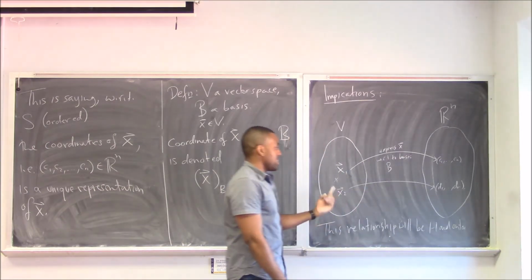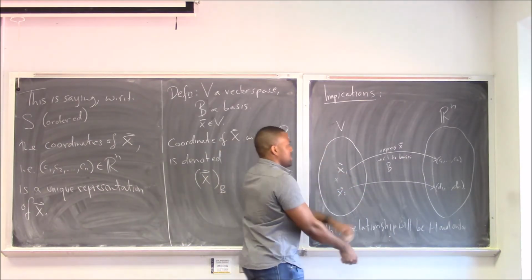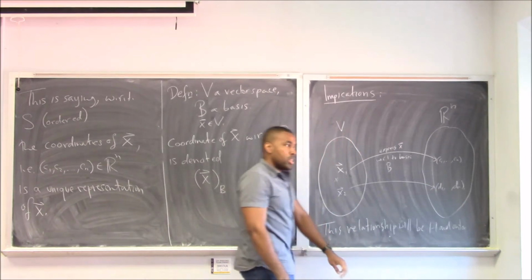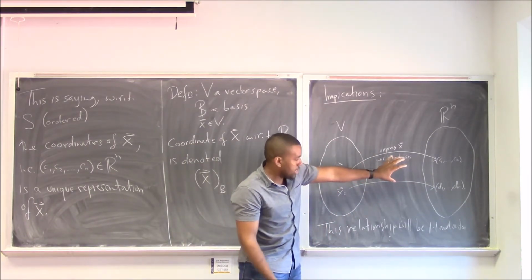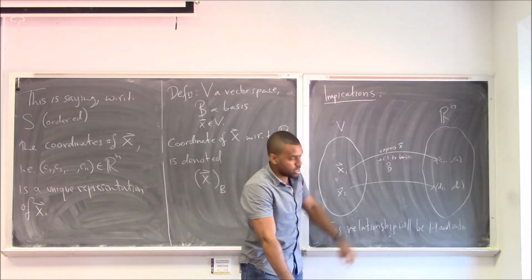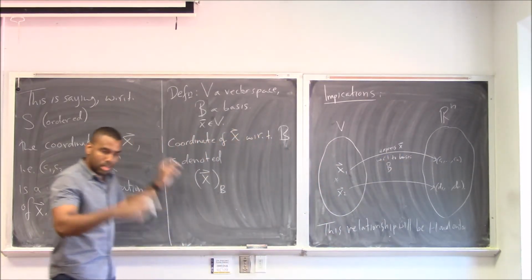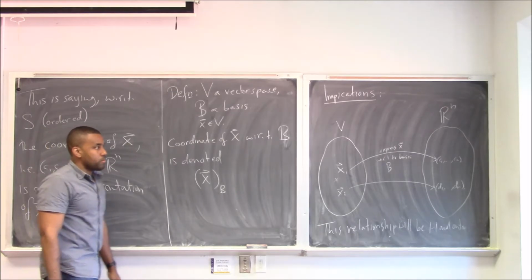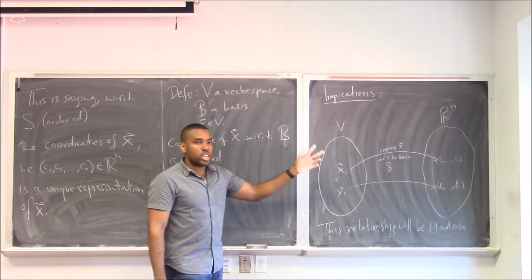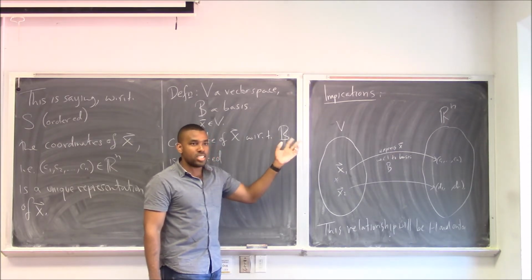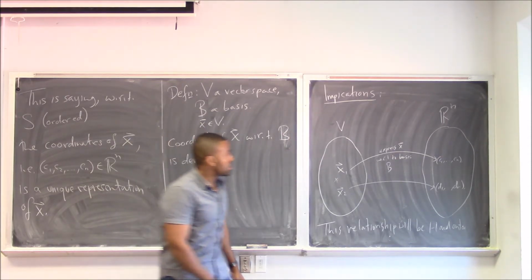If I swap these guys, they will swap. It turns out if I impose a function that gives us the coordinates with respect to this basis, it'll be a linear transformation, which we'll get to later in chapter 4. And what that means is these two guys are interchangeable. I can think of V as Rn in this case.